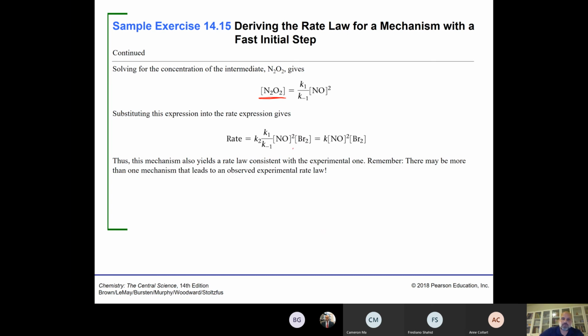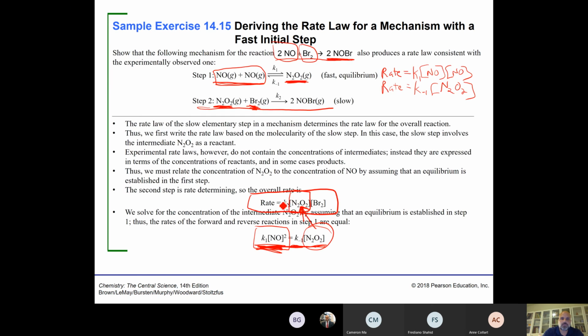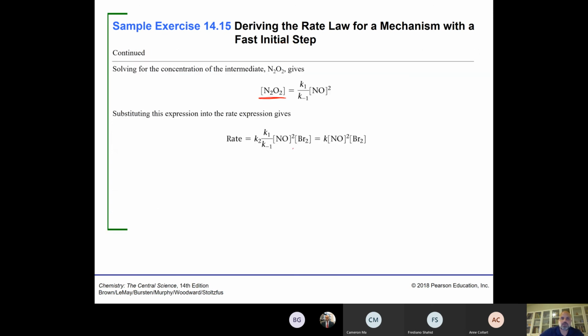If we go right back up here, you can see that the rate is equal to K2 and the Br2 is going to be down here. So the rate equals K2 and the Br2, and all we did was plug in for N2O2. That gives us the overall rate. We simplify K2 times K1 over K minus 1 to give an overall new rate constant.